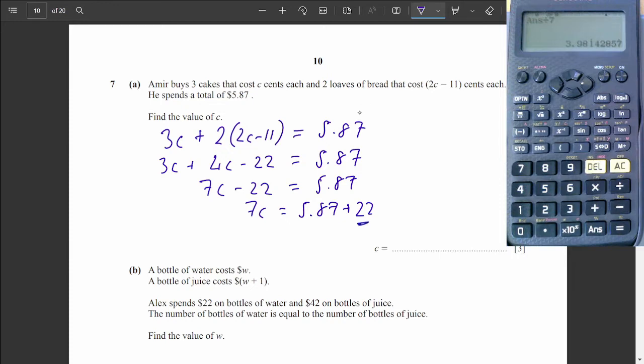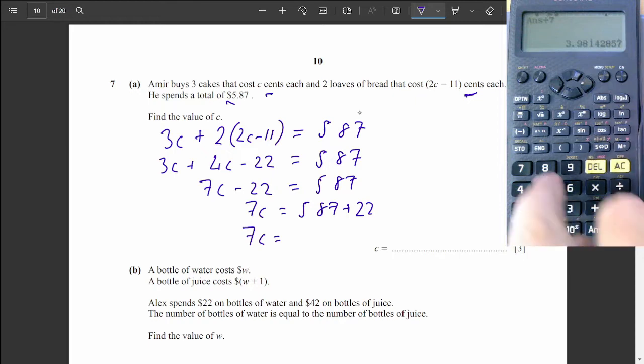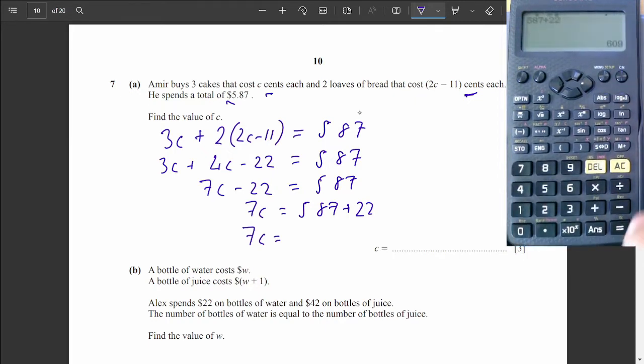This is cents, because it says cents there, and this is in dollars. So remember to change your dollars to cents, which means we just multiply by 100. Okay, now that makes more sense because that gives us 7C equals 609 cents.